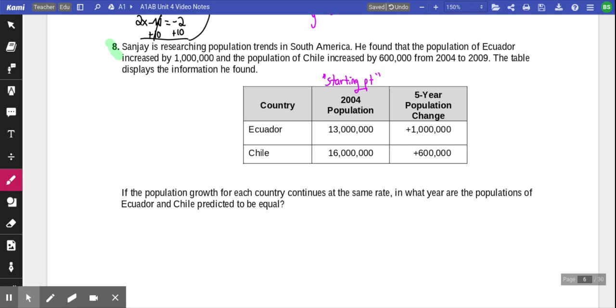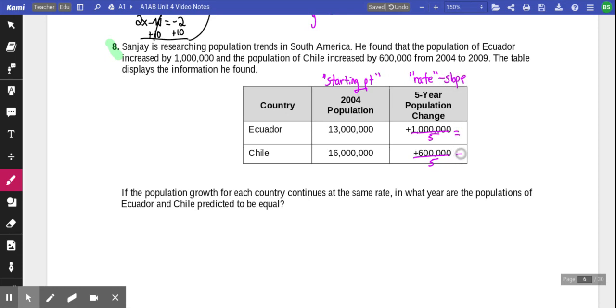We're going to actually break this down into a 1-year population change. So we're going to divide all of these by 5. Right? And what this is going to do is it will give us our rate of our population change per year. And remember, if that's our rate, we call our rate our slope.